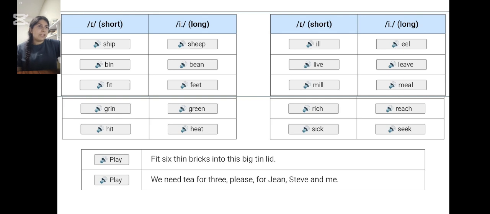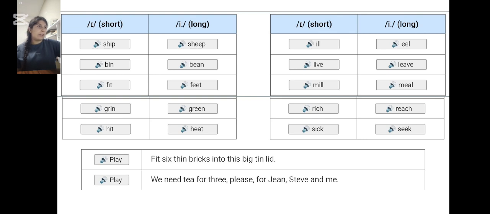For example, short and long: sheep and sheep, we mentioned it before, bean and bean, feet and feet, green and green, heat and heat.